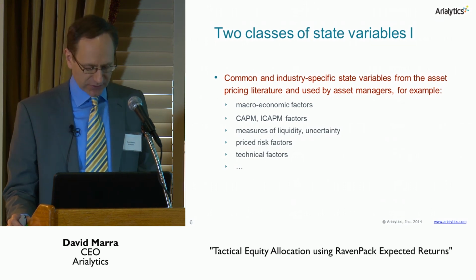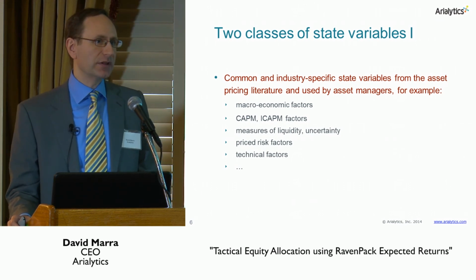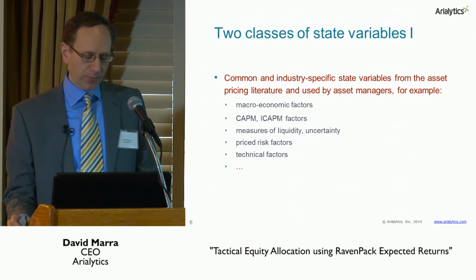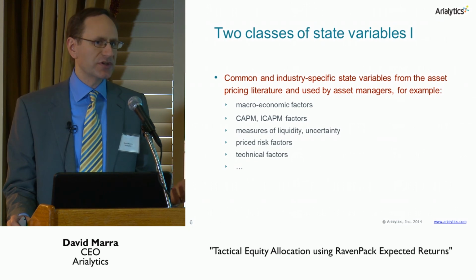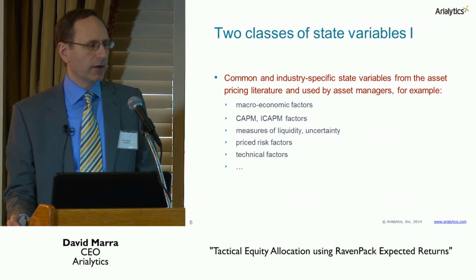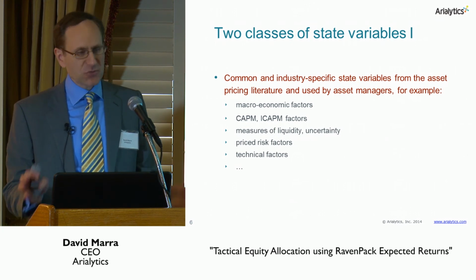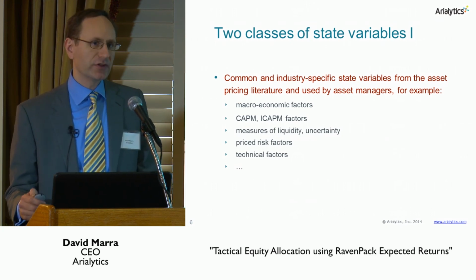So the price risk factors, and then technical factors. And there are lots of these factors that have been developed in the literature over the last 30 years, particularly when you include the various parameterizations of these factors that have appeared in the literature that you can fool around with. So that's the first class of state variables we're going to put into this.